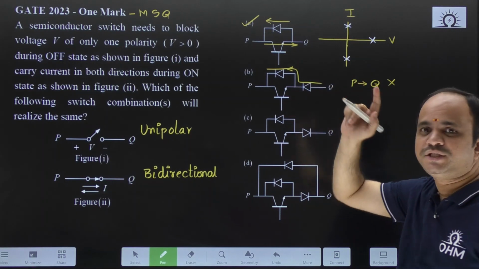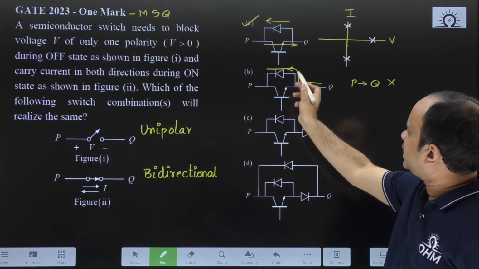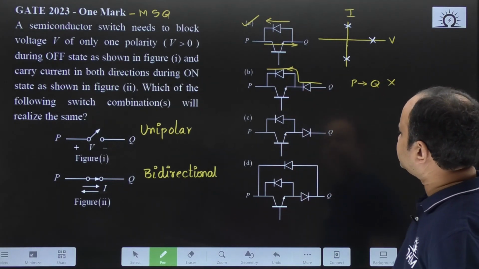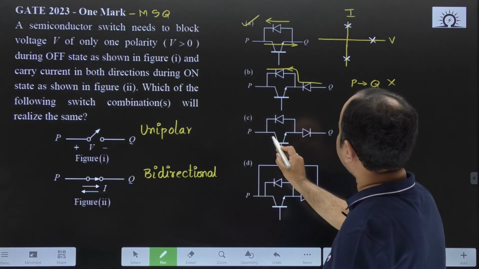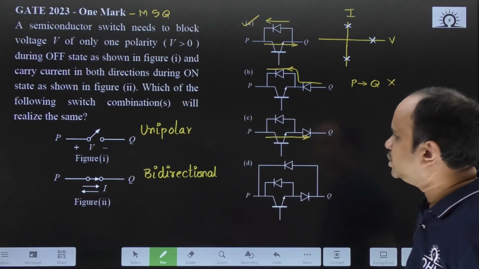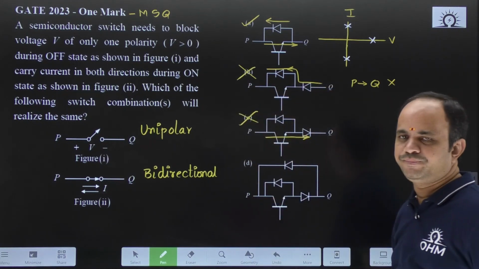Therefore, this device is just a unipolar, unidirectional device. This can carry the current from Q to P only. So, we do not want that device. Next one, this particular device can carry the current only from P to Q. It cannot carry the current from Q to P. Therefore, these 2 options we can reject.